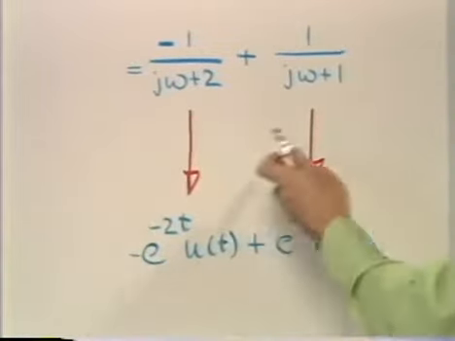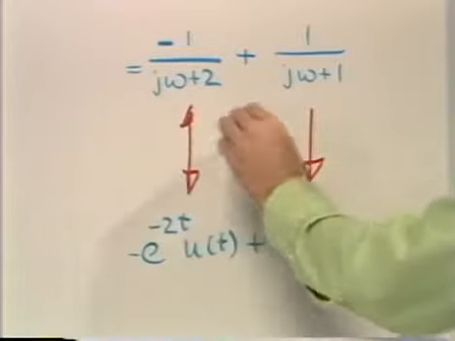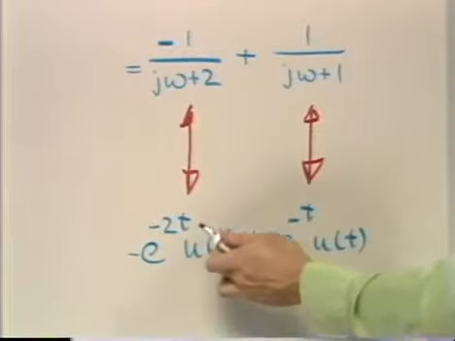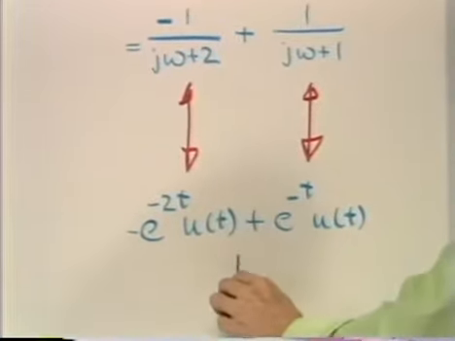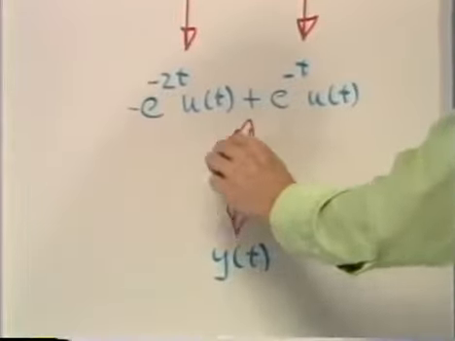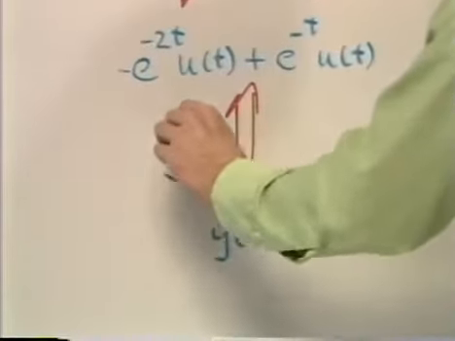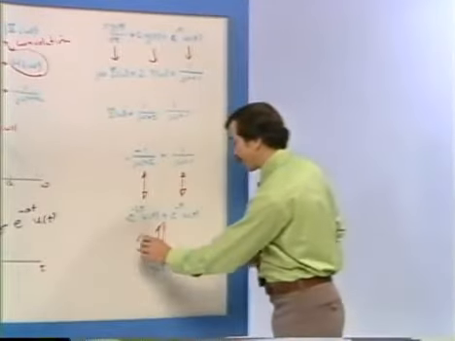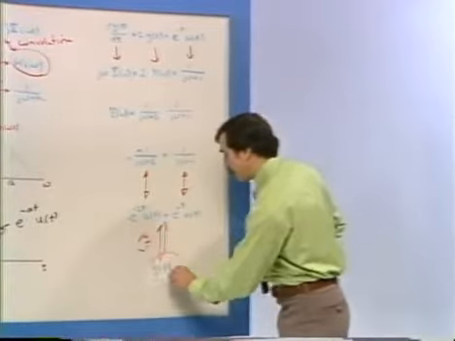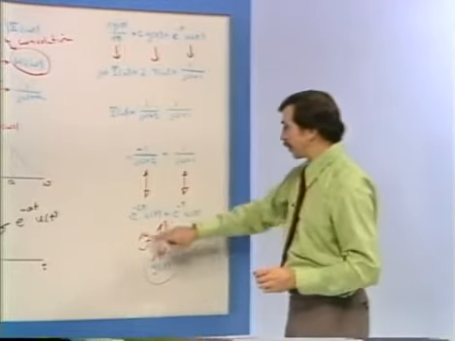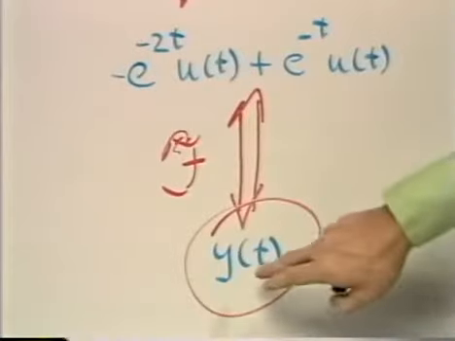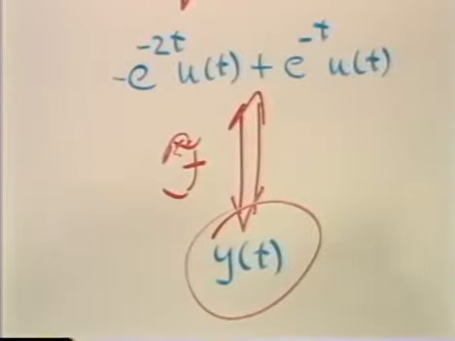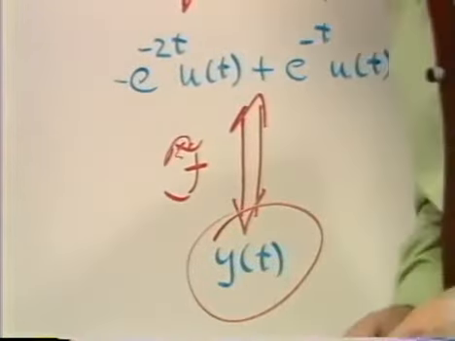And so, in fact, it's the sum of these two terms, which are the inverse transforms of the individual terms in the partial fraction expansion, that then give us the output. So this is h of t. This is y of t, which is the sum of these two exponentials. And this is the inverse Fourier transform of y of omega as we calculated it previously.